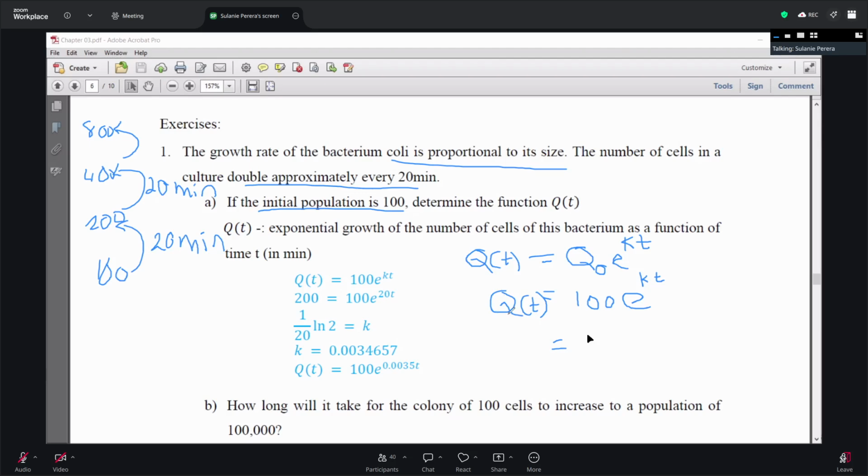Every 20 minutes it doubles. So what should I substitute for Q(t)? Any guesses? 200, yes. So if you substitute 200 equals 100 e to the, keep k, and instead of t we plug in 20 minutes.